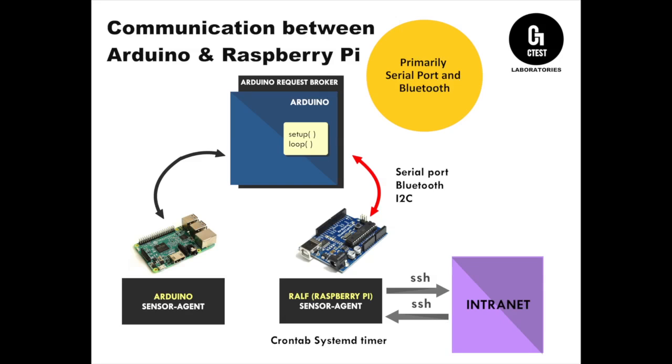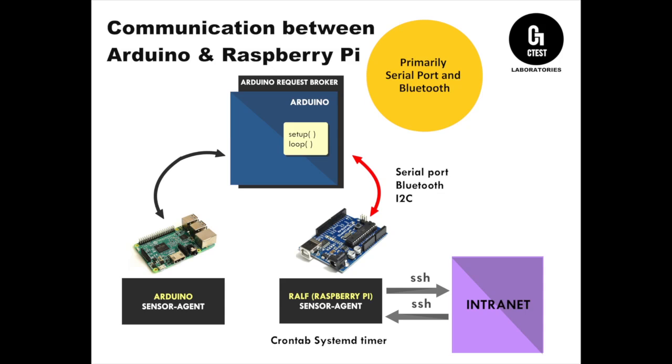And here's the communication between the Arduino and the Raspberry Pi, just showing you how some of these parts work. We primarily use serial port communications and Bluetooth when we're connecting the Pi to the Arduino, right? And the Arduino in that case would have some kind of Bluetooth shield. That's what we use to get the Bluetooth, and the Raspberry Pi already has that built in.